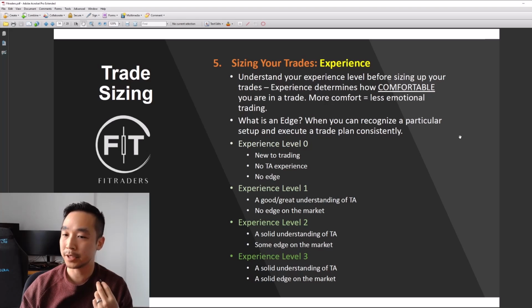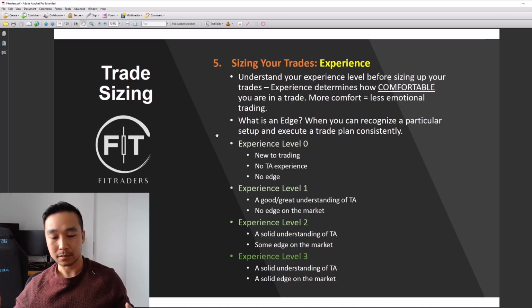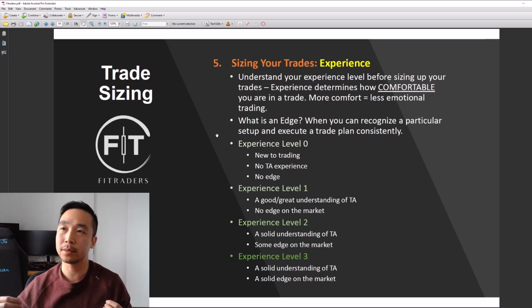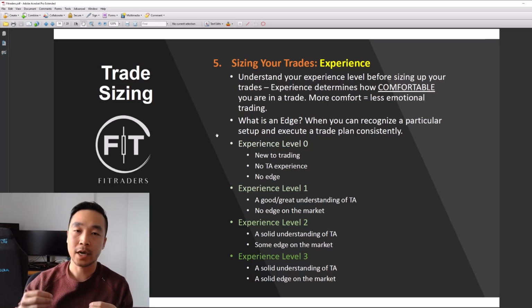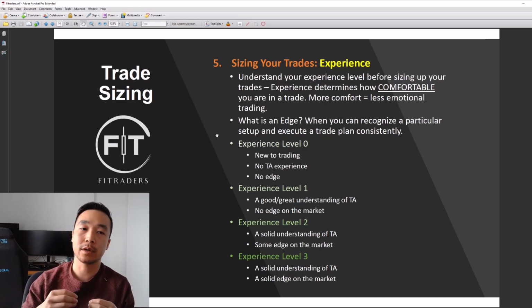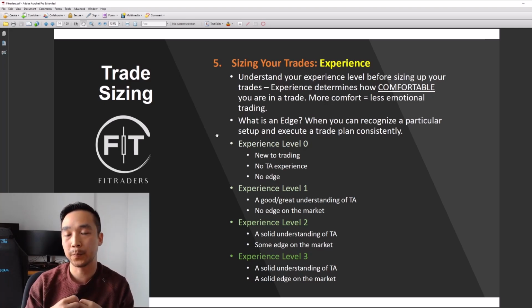I'll read all those words again, this is really important. It's to be able to understand the setup that you're in, and to be able to execute your trade plan consistently with high confidence, and you understand the high probability of where that setup is going to head to.